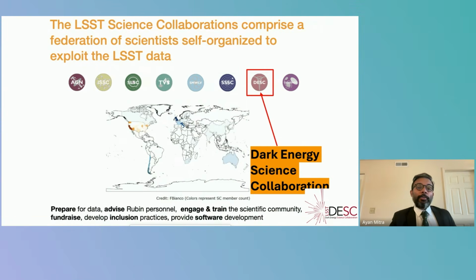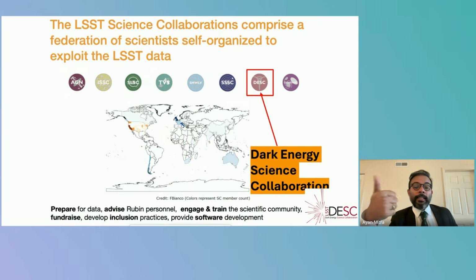LSST, as I mentioned, will observe different kinds of things in the sky, not only supernova and dark energy. So there are different individual groups, as it says. If you're a bit familiar with astrophysical names, they are self-explanatory. There's AGN, active galactic nuclei, so the AGN group. Then there's TVS, and then there's the Milky Way group, SMWL, etc. And then there's DESC, which I have marked, the Dark Energy Science Collaboration.